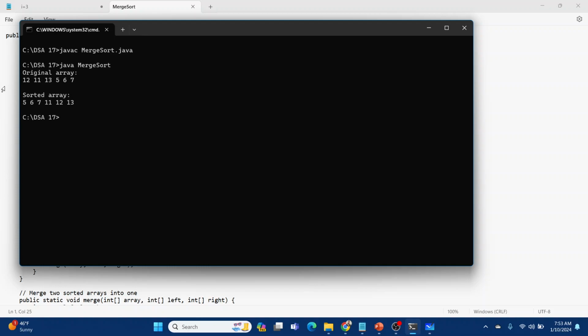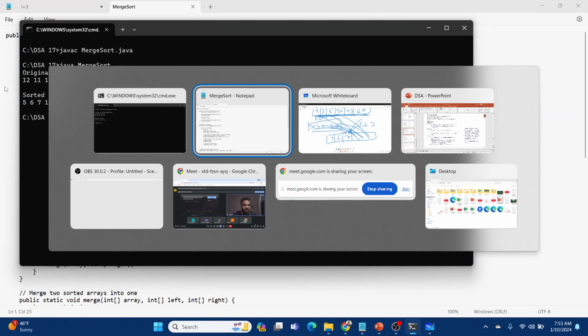So the original array was 12, 11, 13, 5, 6, 7, and the sorted array is 5, 6, 7, 11, 12, 13.